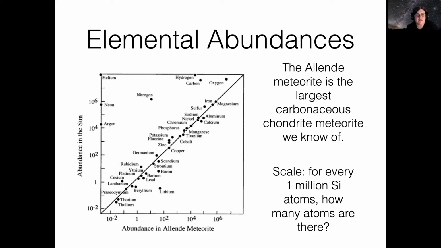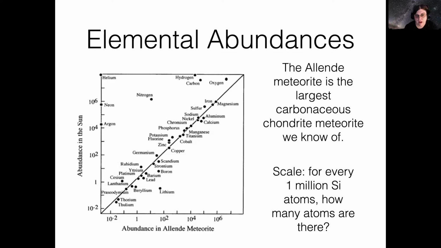All of those are relatively volatile elements. Those are elements that form chemical compounds or on their own are easy to vaporize. Carbon forms things like methane or carbon dioxide or monoxide. The others are all gases in their normal state, but they also form compounds like water or ammonia.